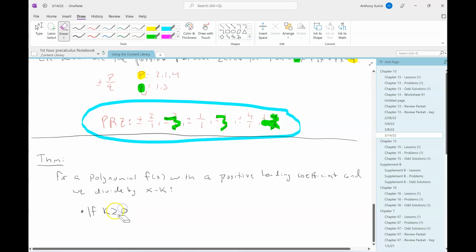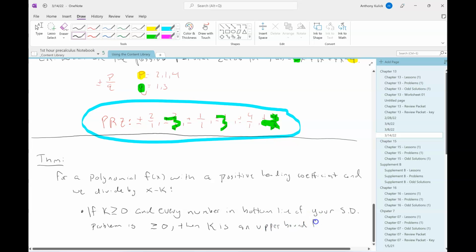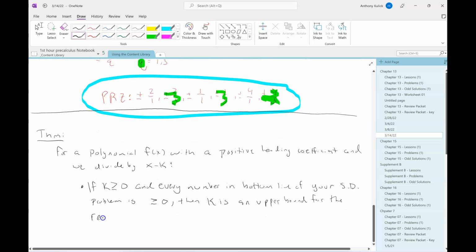If k is positive, or I should say non-negative, and every number in the bottom line of your synthetic division is also non-negative, then k is an upper bound for the real zeros of f of x.